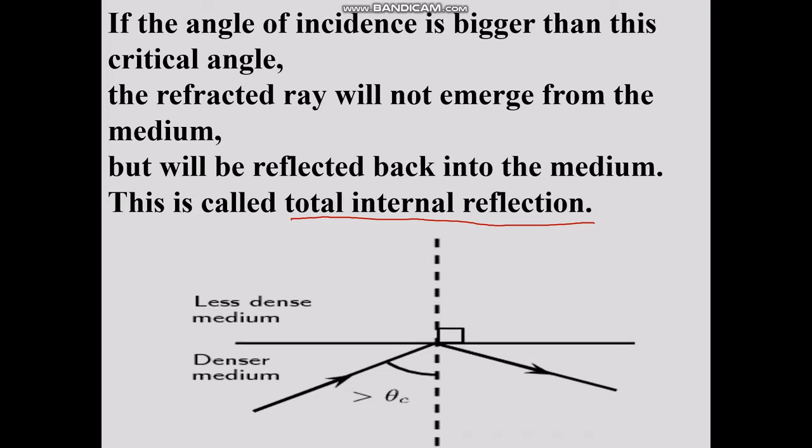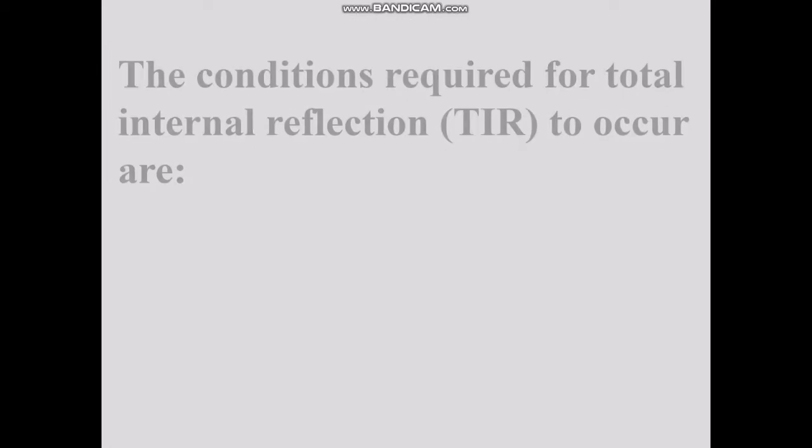So here remember that whenever the angle of incidence is greater than the critical angle, then obviously r has to be greater than 90. So here the total internal reflection will take place. And obviously when reflection has taken place, then this angle of incidence and this angle of reflection will be equal.